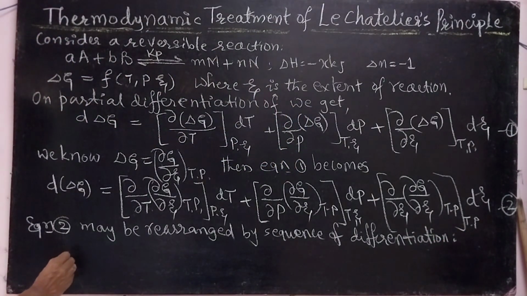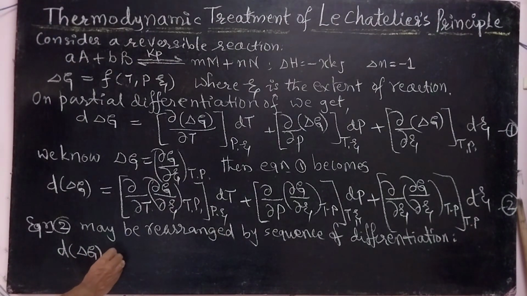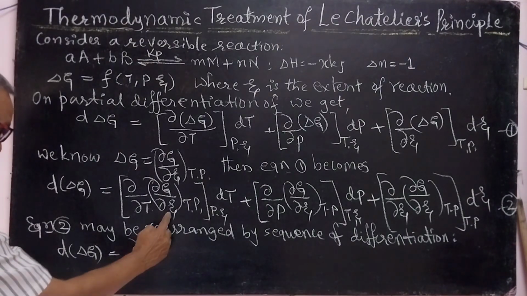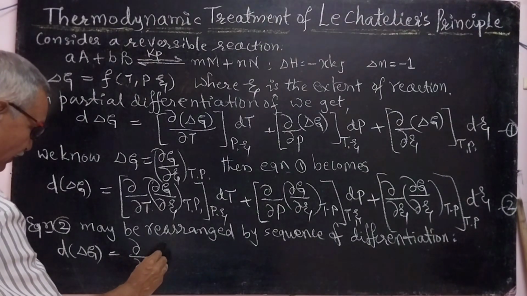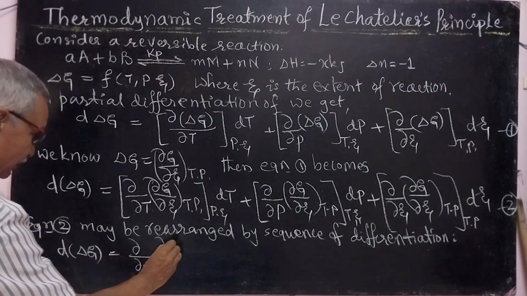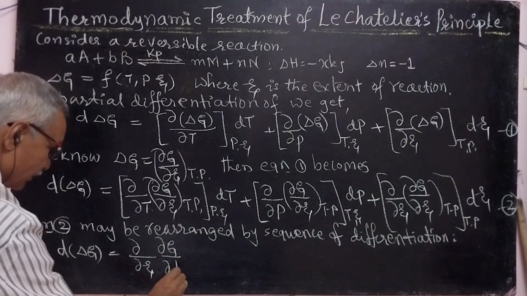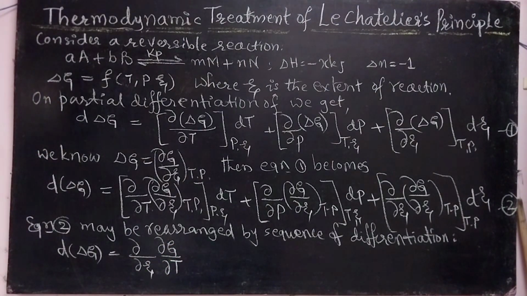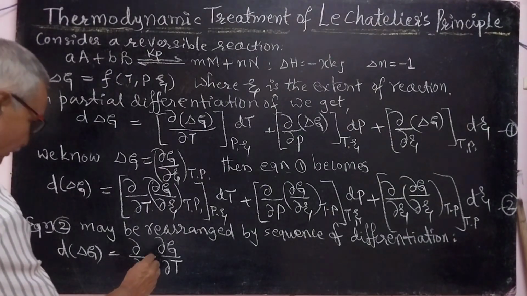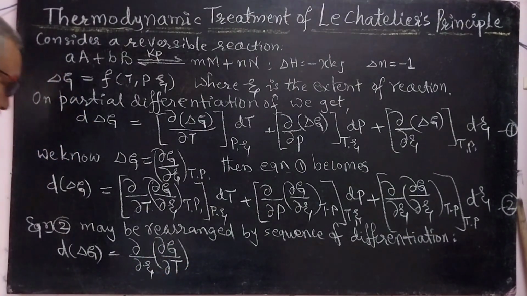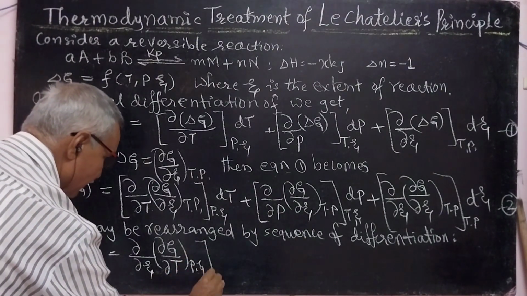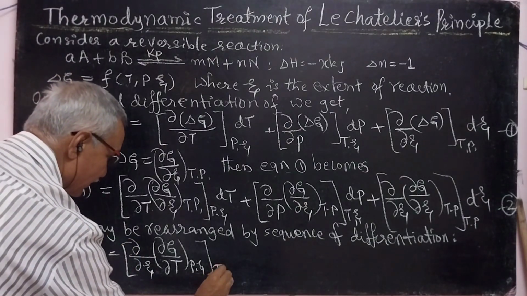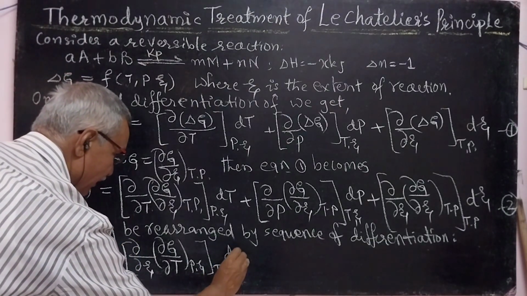Then we get d delta G is equal to dou by dou epsilon, then you take dou G divided by dou T at constant pressure and epsilon, into dT.